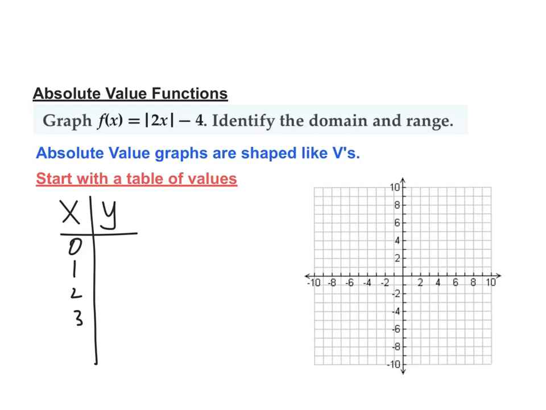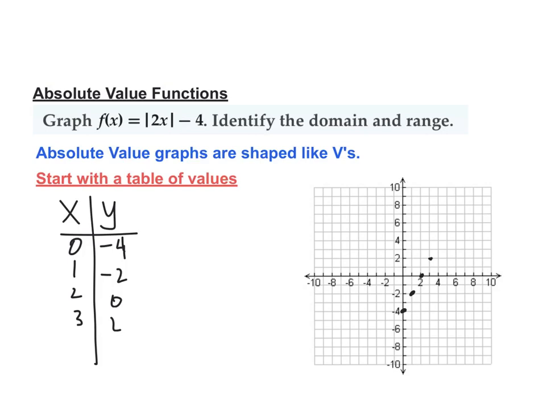What's the first value? 0, comma, negative 4. What's the second? 1, comma, negative 2. What's the third one? 0. What's the fourth one? Positive 2. Here's what you should have got. And notice I put my points there.